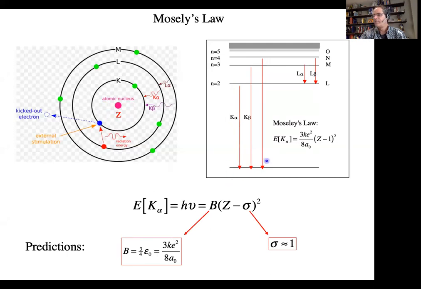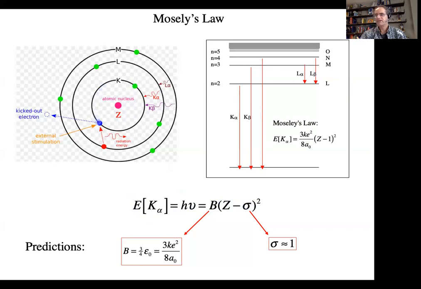All right. Well, that treatment leads us to Moseley's law, which you can read about in our textbook and also in the paper by Conover and Dudek. But the result is that the energy of the K alpha X-ray should be a constant B times (Z minus sigma) squared, where Z is the atomic number and sigma is the screening parameter.